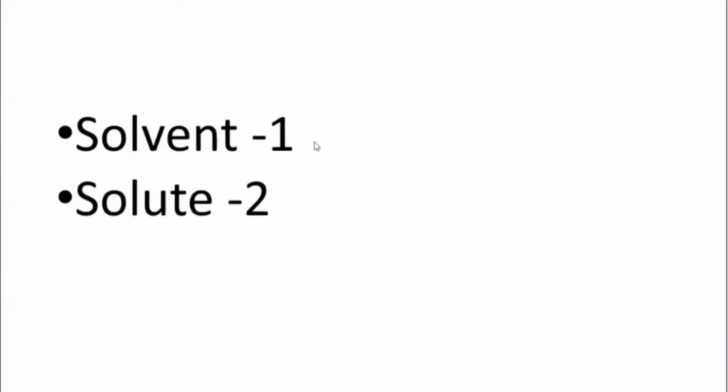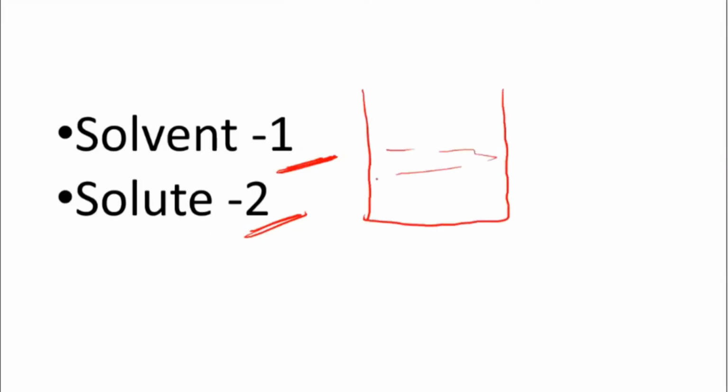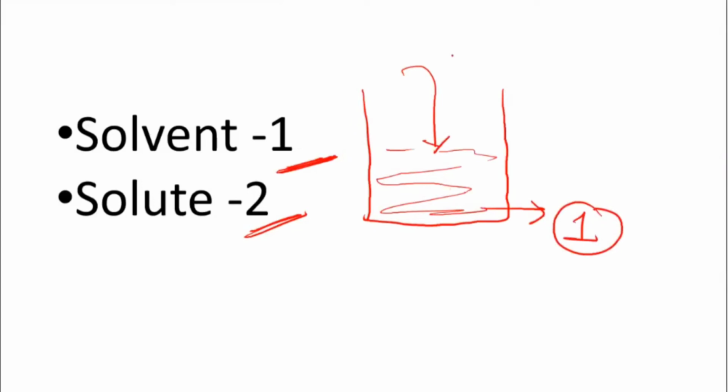Before going for that, remember, this one always represents the solvent. One is a solvent and two is a solute, because first what you take is a solvent. Solvent is always large in quantity, and to that you are adding the solute. So solvent will be taken as 1, and the solute added afterwards will be taken as 2.